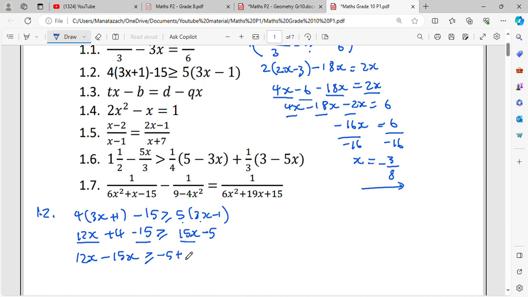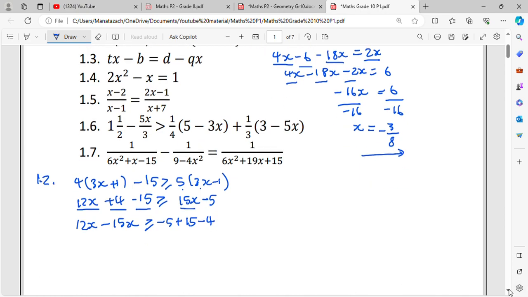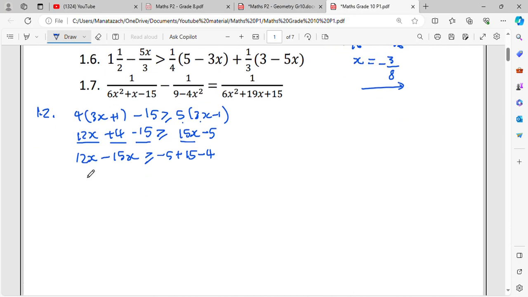Minus 15 will come as positive. 4 will be negative. 12 minus 15 is going to give us minus 3x. 5 minus 5 plus 15 is minus 10. So it's plus 10. Plus 10 minus 4 is 6.